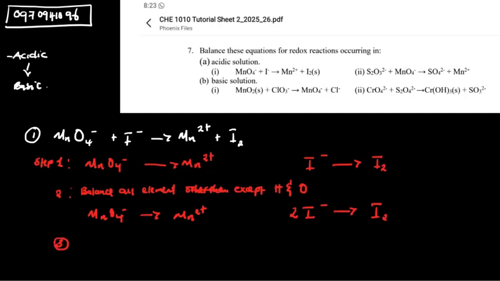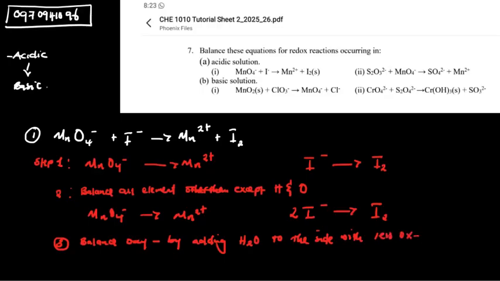Now step 3, we say balance oxygen by adding water to the side with fewer oxygens.